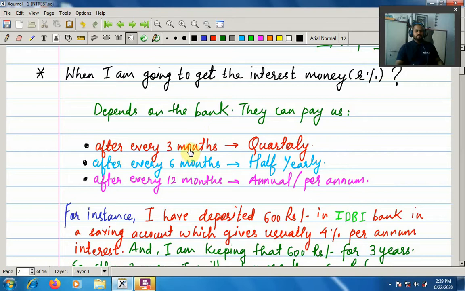They can pay us after 3 months. 3 months is quarterly, so 4 times I'm going to get interest, after every 3 months. After 6 months is called half yearly. After 12 months, that is annual, per annum.